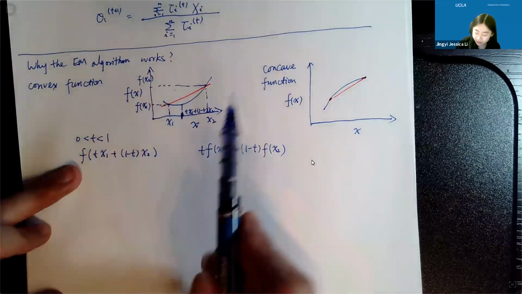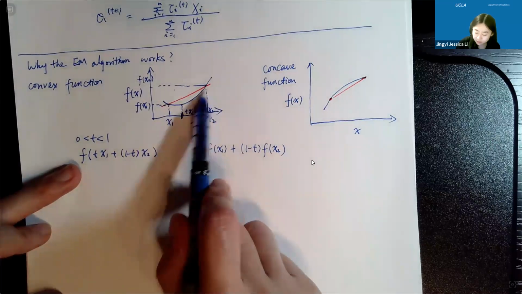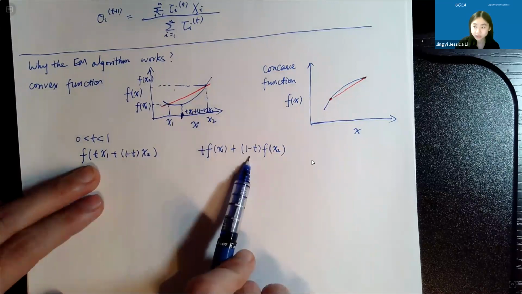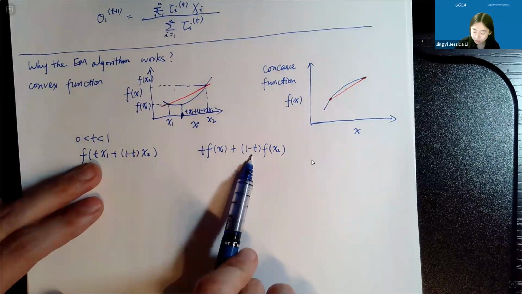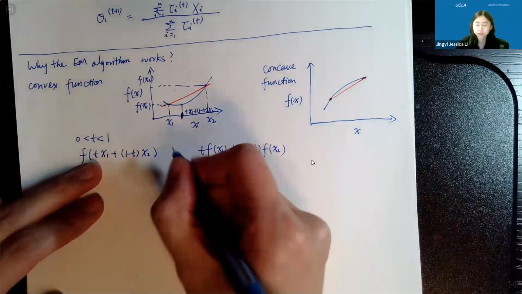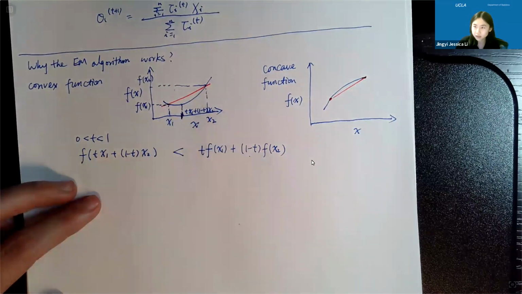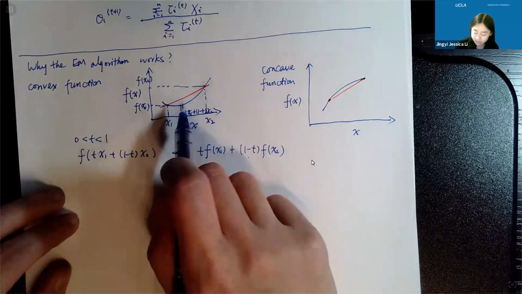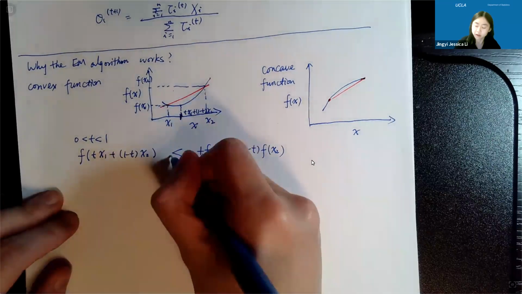Because I know if I'm on the linear line, then these two quantities are equal. That's how we define a linear function. So because the line is above the curve, we know this is larger than that for strict convexity. And if we are not strictly convex, at least we can say it's greater or equal than.